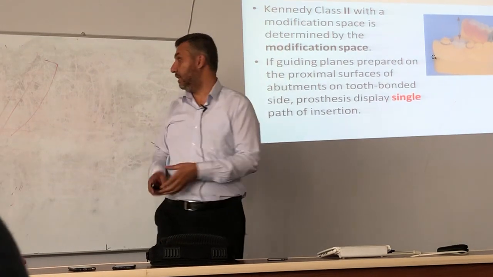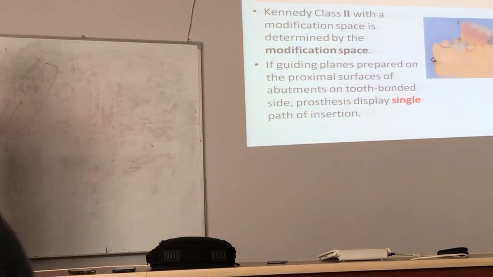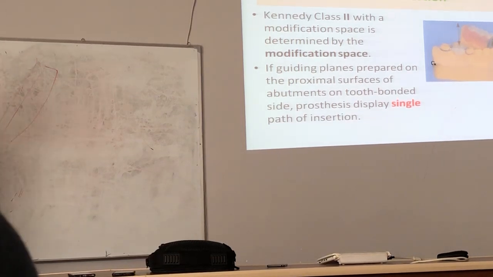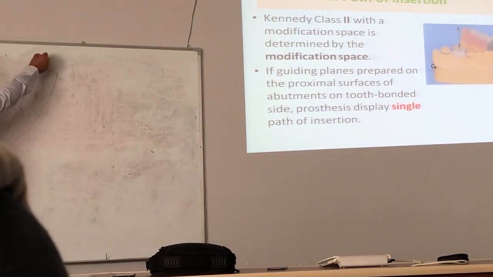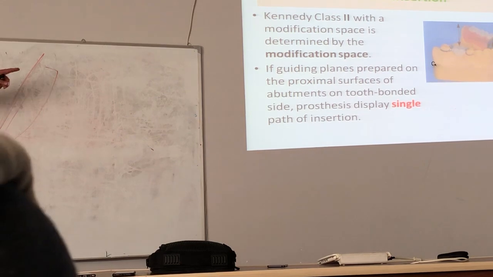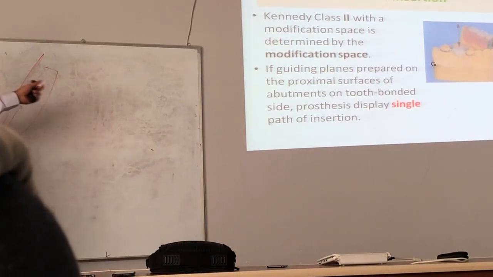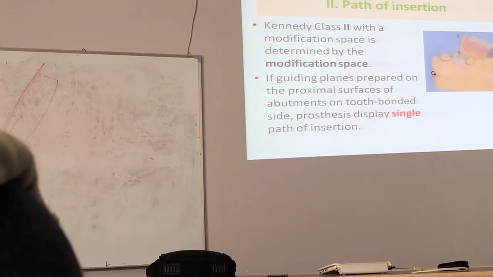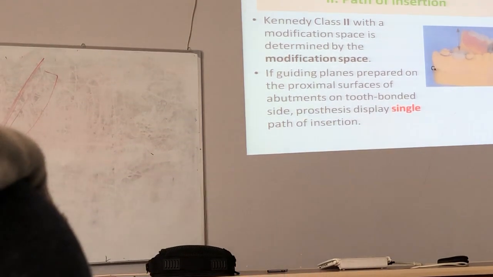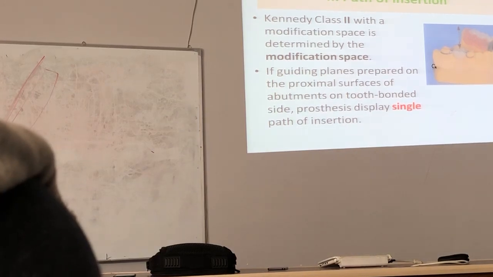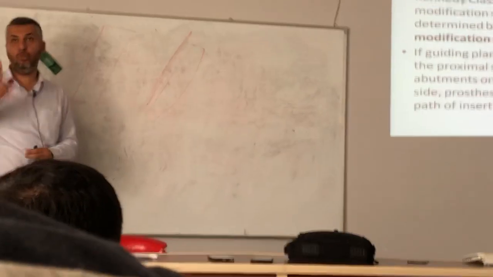If I have only one guiding plane, as we say, we have maybe 2, 3, 4 paths of insertion. But if there were another 2, maybe 1 or 2, and if you have the third one, we have only 1.